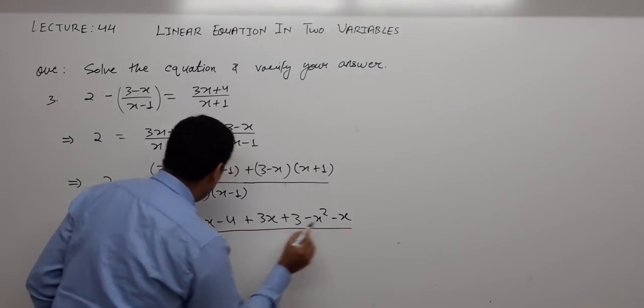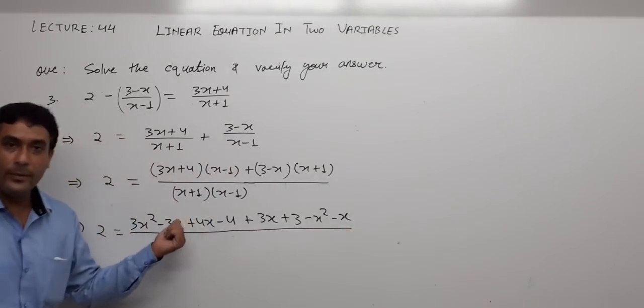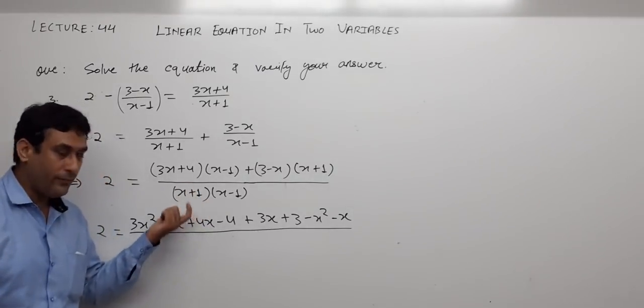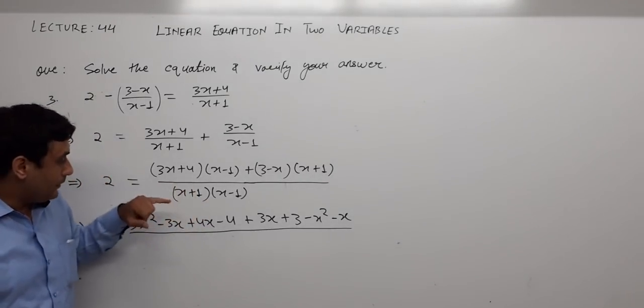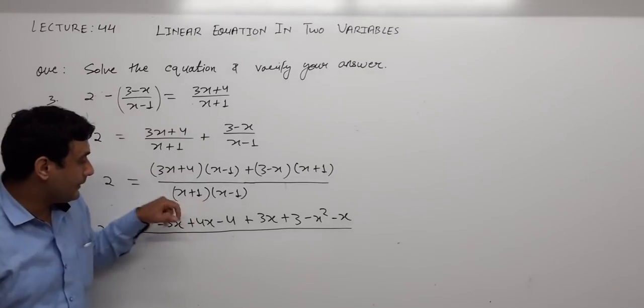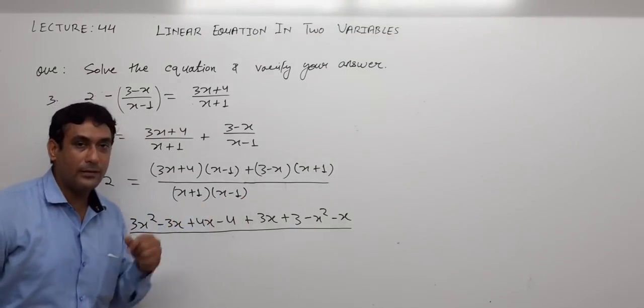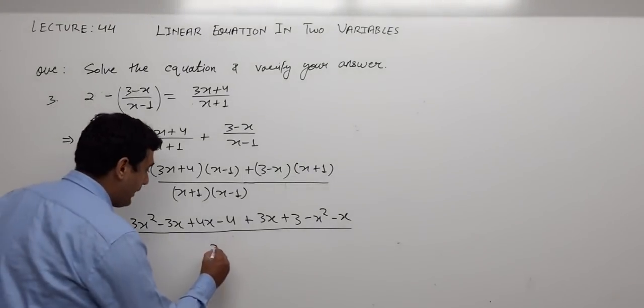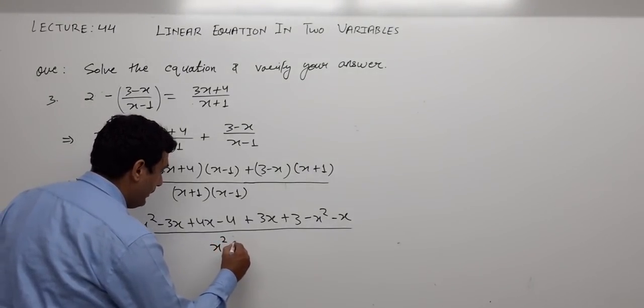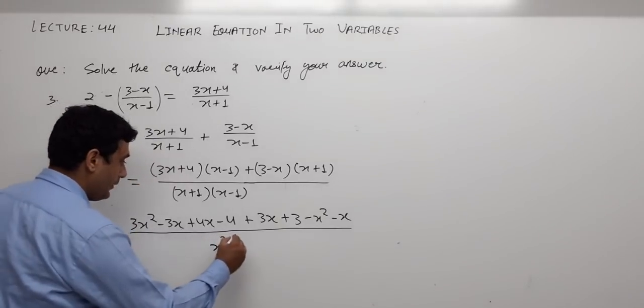If I talk about the denominator, definitely you can multiply in the same way, but here you should understand there is an identity. It is (x plus 1)(x minus 1). It is (a plus b) into (a minus b), which gives you a squared minus b squared. That is one.